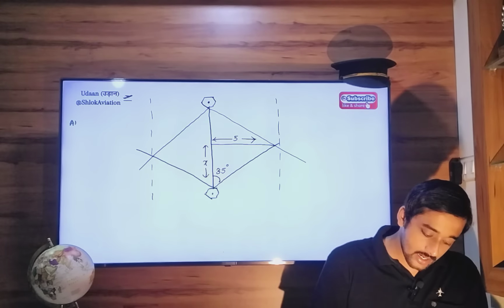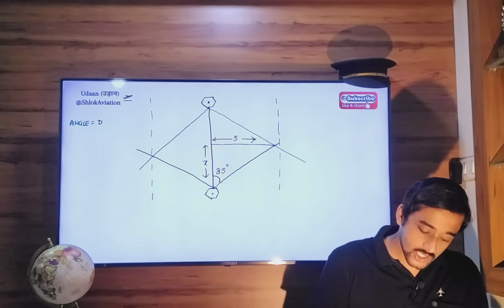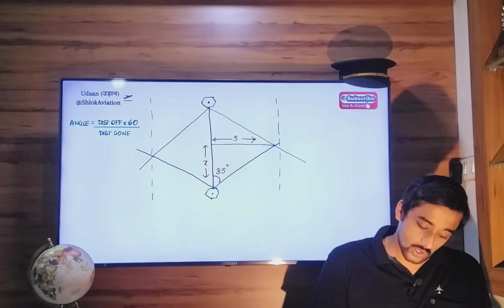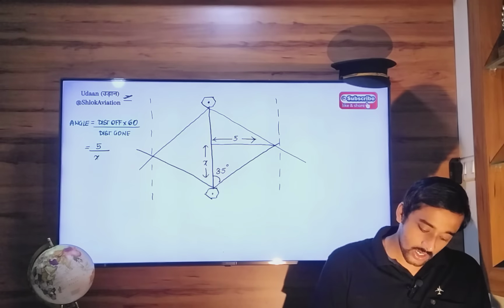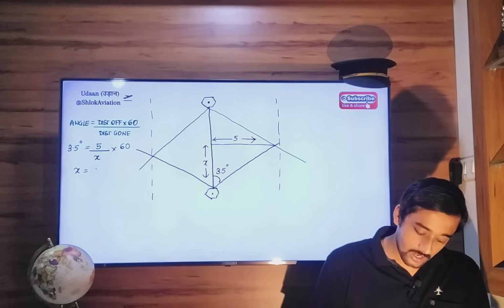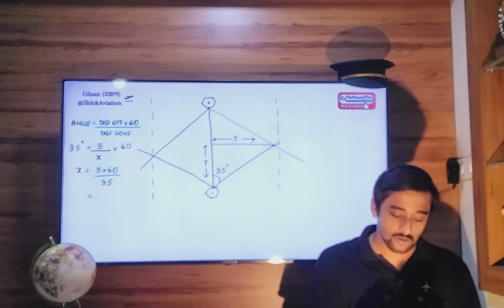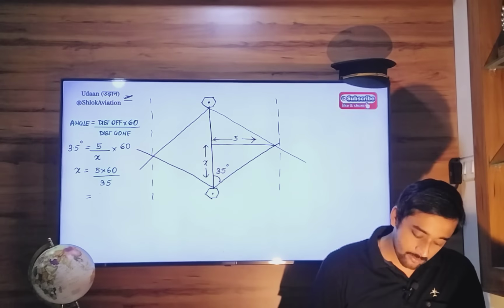It states that track error angle equals distance of track multiplied by 60 divided by distance gone. So distance of track is 5, distance gone unknown, multiplied by 60, angle 3.5. So x equals 5 multiplied by 60 divided by 3.5, which is 85.7 or approximately 86 nautical miles.